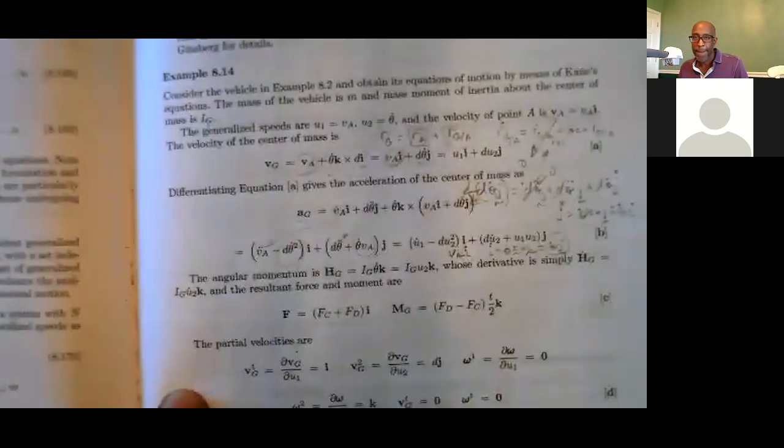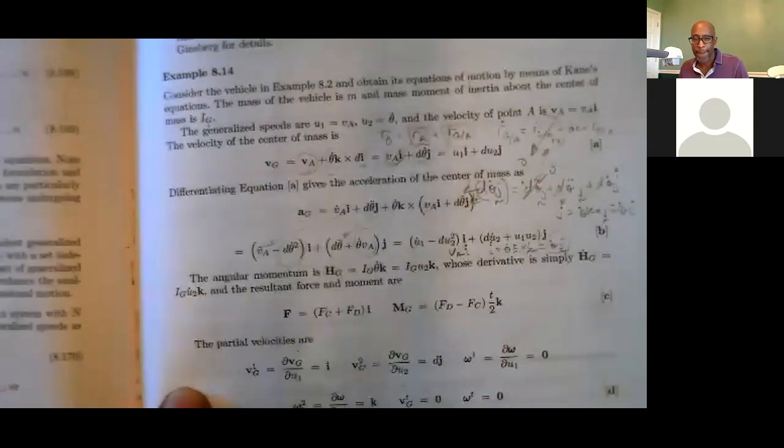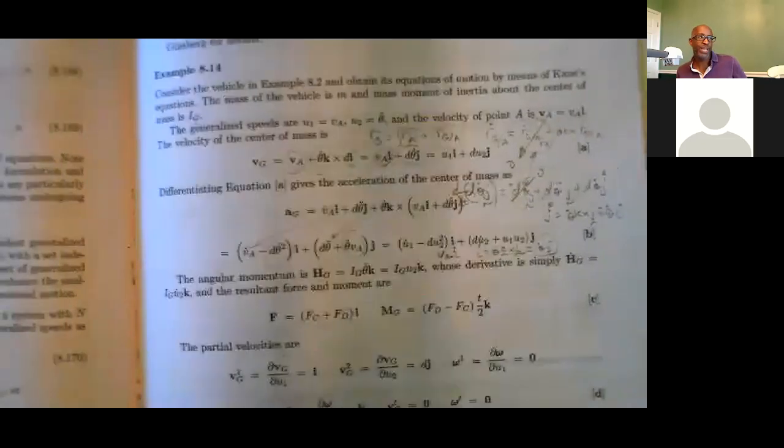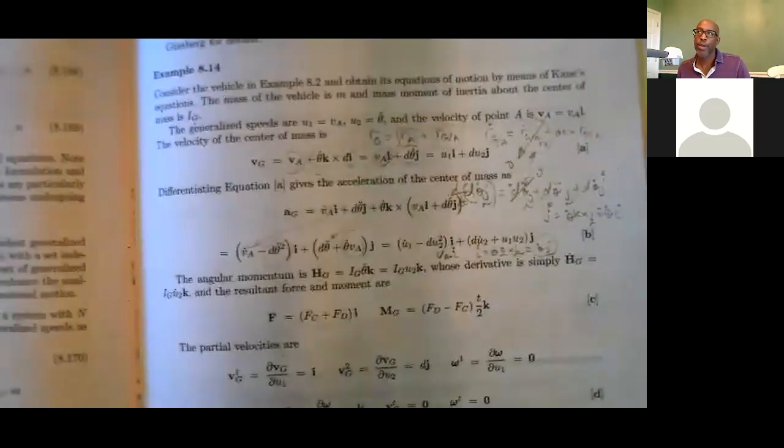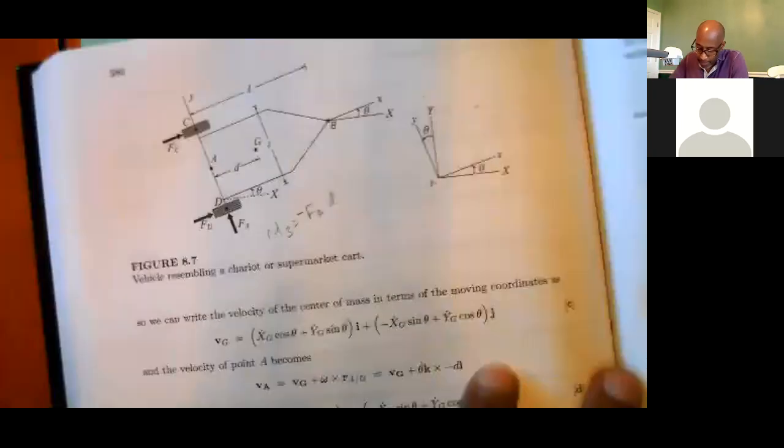I guess why is it T over 2 and not D? Why are you... Always the perpendicular distance to the force. In this problem, the perpendicular distance from G to FC, see, here's the distance.